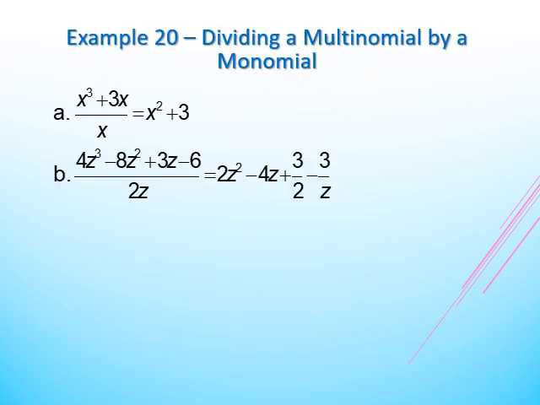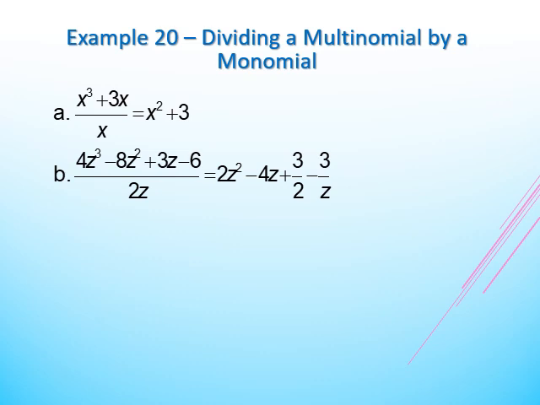Example 20, dividing a multinomial by a monomial. If we have in the numerator x to the power 3 plus 3x and here in the denominator x, we can't eliminate only one x.